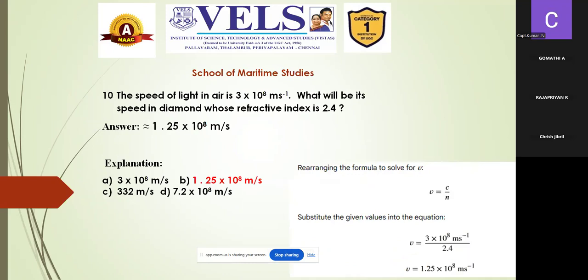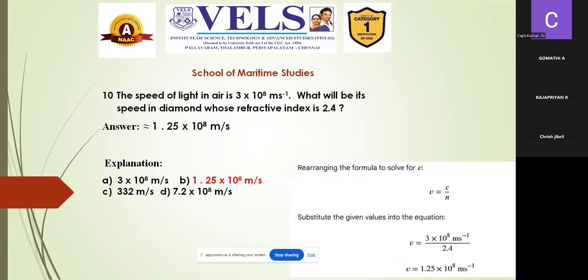The next problem is, the speed of light in air is 3 into 10 power 8 meter second minus 1. What will be its speed in diamond whose refractive index is 2.4? The formula is V is equal to C by N. C is equal to 3 into 10 power 8.